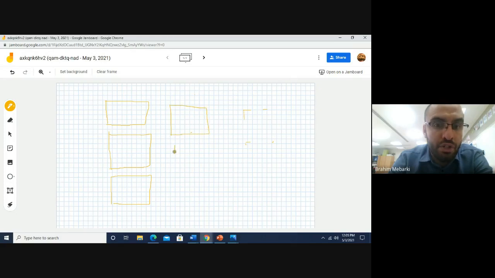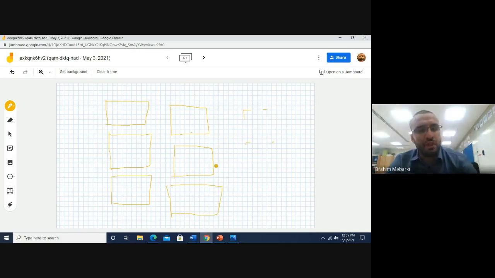When we say square, they should be all the same. So this is your first step. You draw six squares on a cardboard or on a paper. All of them should have the same size.